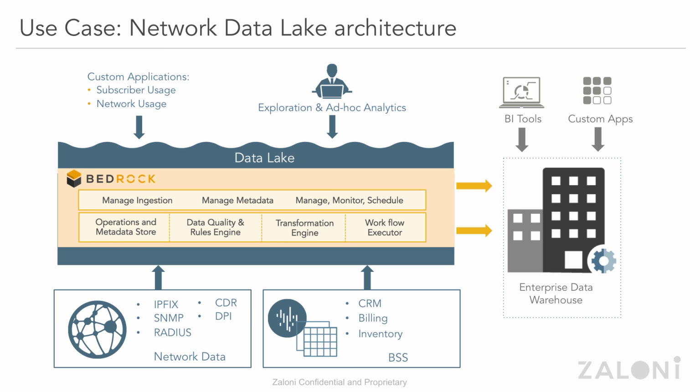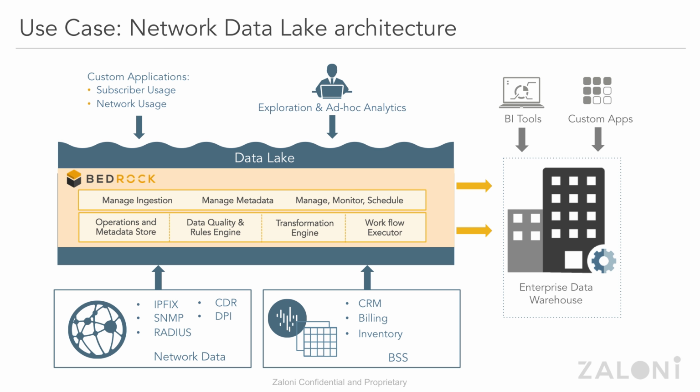So this is a use case from one of our customers in the telco space. This is an operator that is trying to bring in data from their network assets, like the switches and routers and cell towers and cell sites, along with the customer data, like CRM and billing and inventory data from their BSS systems, into one data lake environment so that they can now have, say, customer usage or subscriber usage models that they can create.